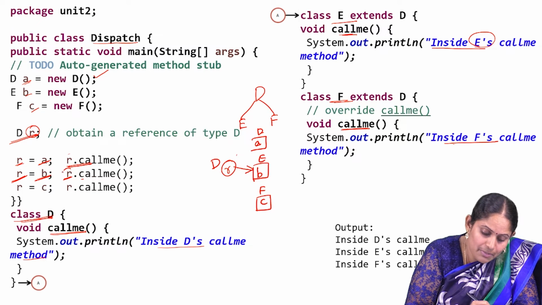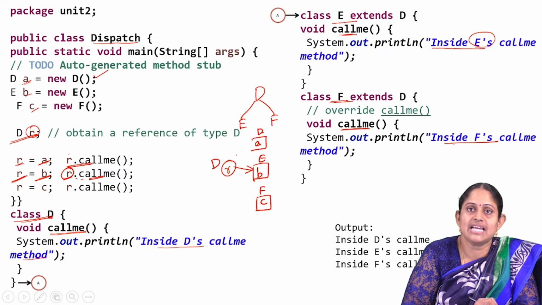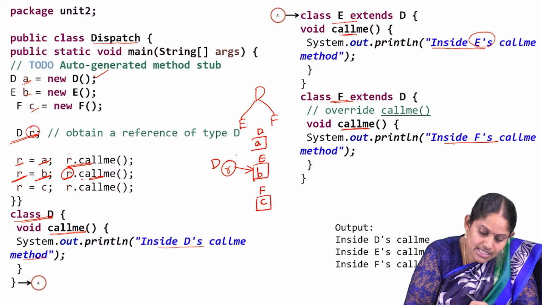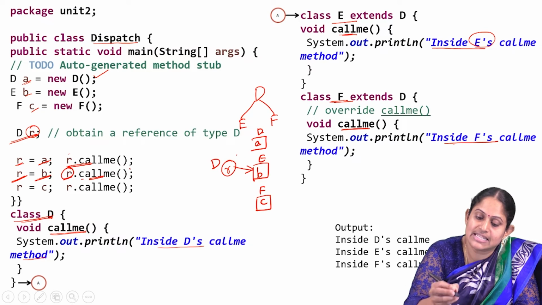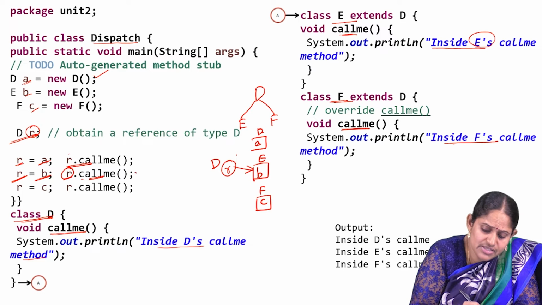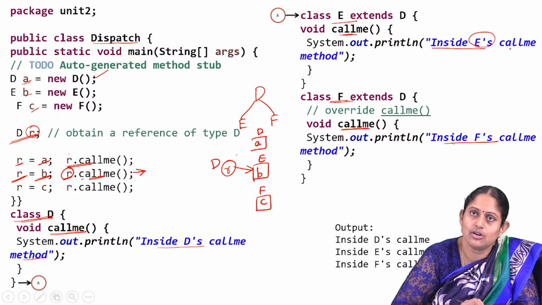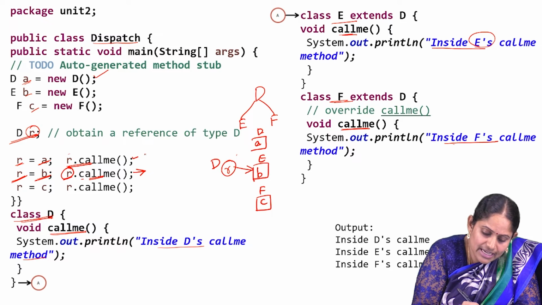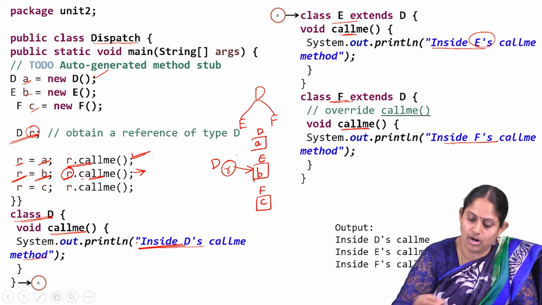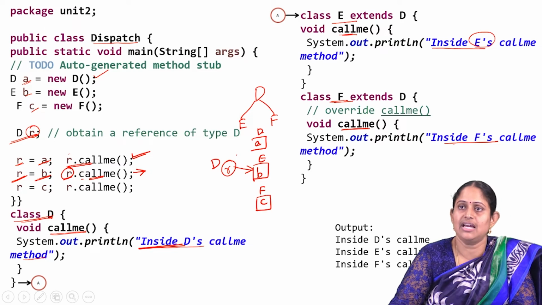That means you are making use of the parent class reference to call the child class method. Since R is pointing to B, it will invoke the method which is defined inside E. So this will display the statement inside E's callme. At the first point, it will display the inside D's callme. So we get this line in the output.